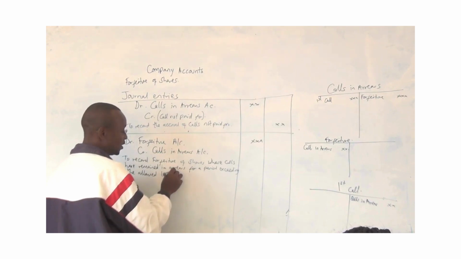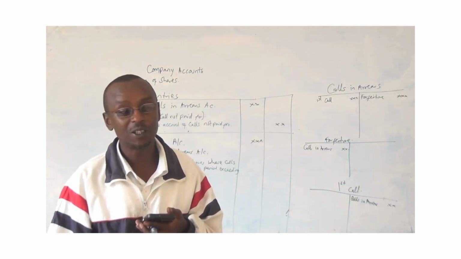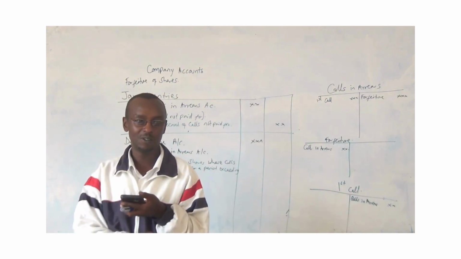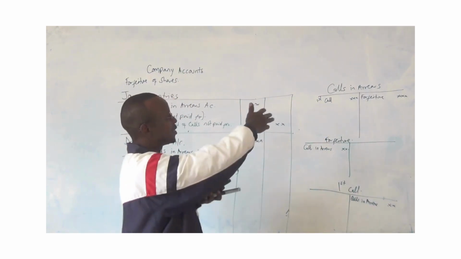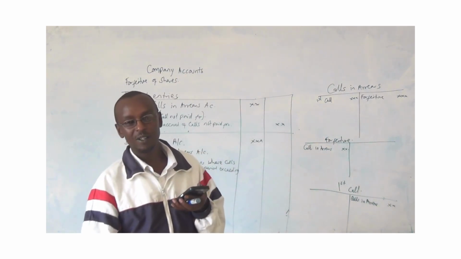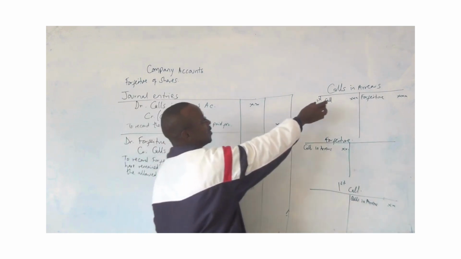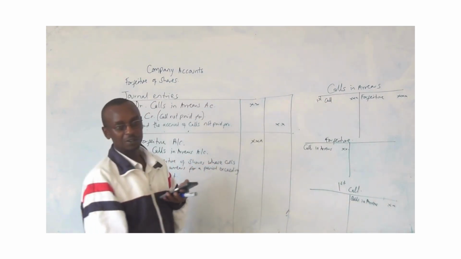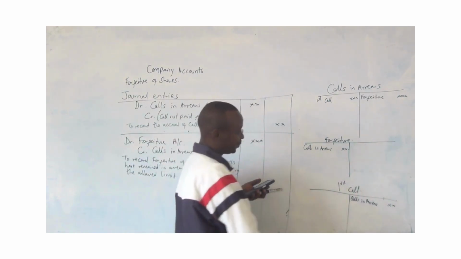So we had said that all the shareholders should have paid the first call by 31st May. Isn't it? And we added another one month. A certain number were not able to pay. Isn't it? They failed to pay that first call, and we had already recognized it here.